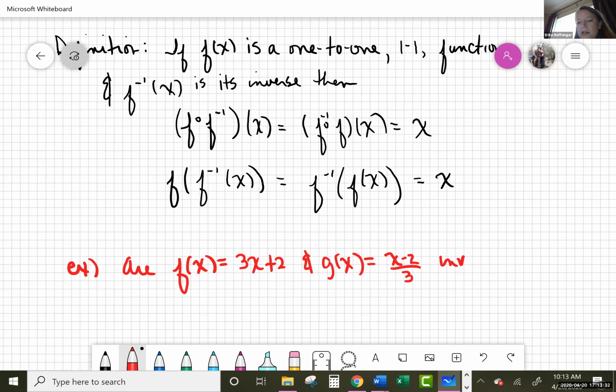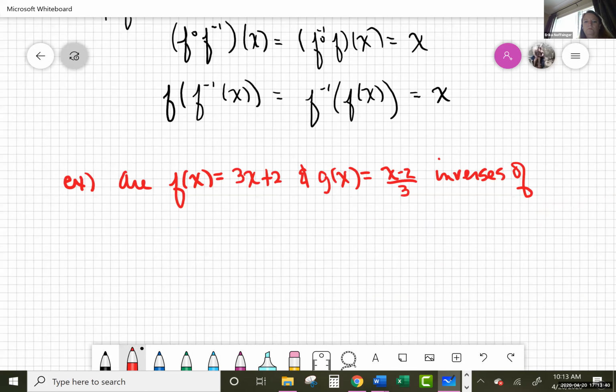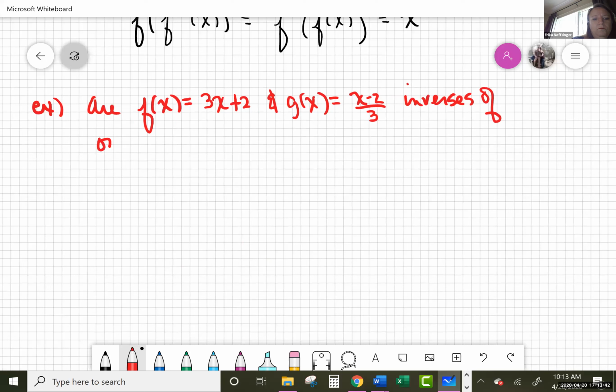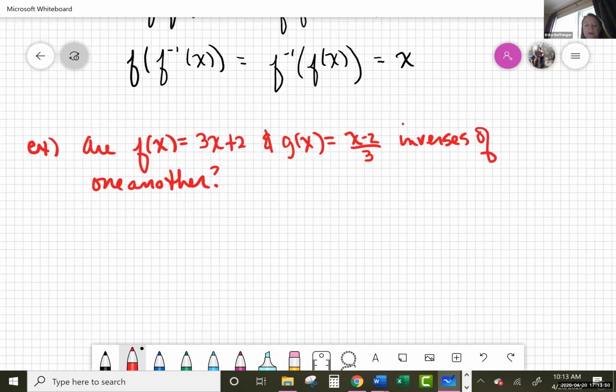And we want to show they're inverses of one another. Okay, so we're wanting to show that if we take the composition, doesn't matter which direction we take the composition, that we're going to get x.